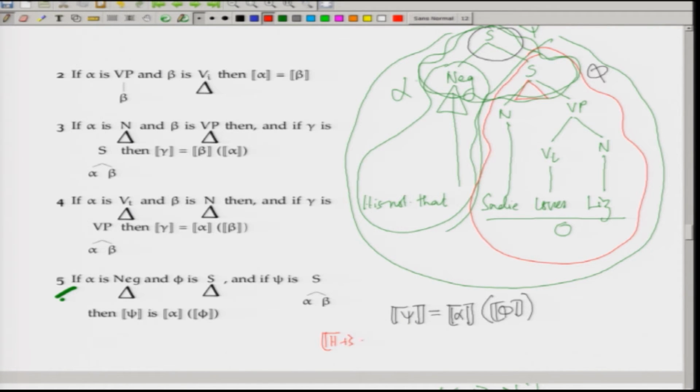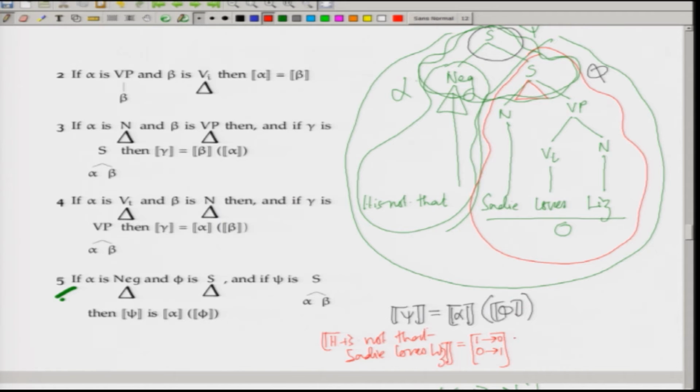Xi is: it is not that Sadie loves Liz, and alpha, if we remember, is neg, which is it is not the case that, and this is actually the function where 1 is taken to 0 and 0 is taken to 1.